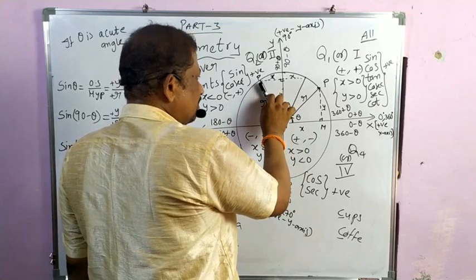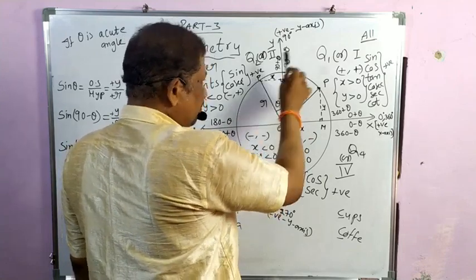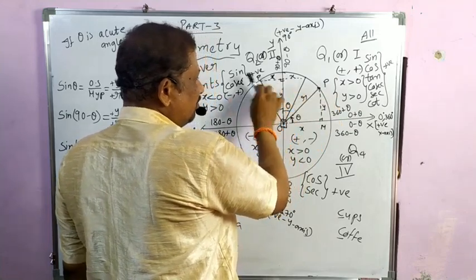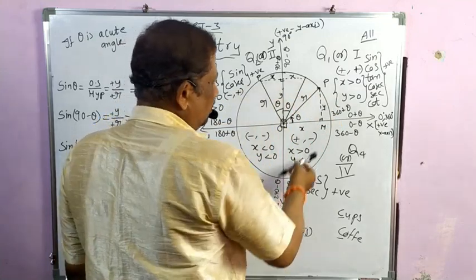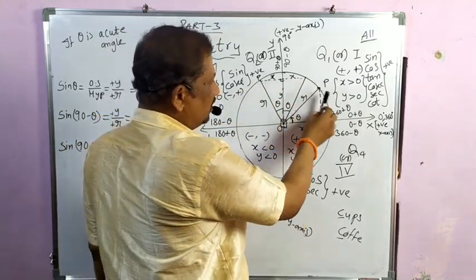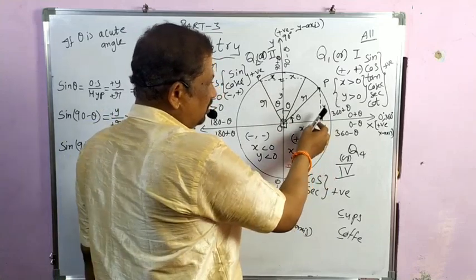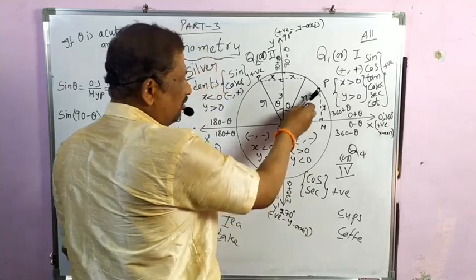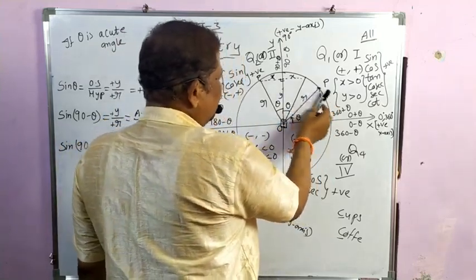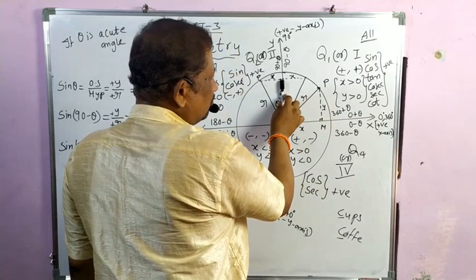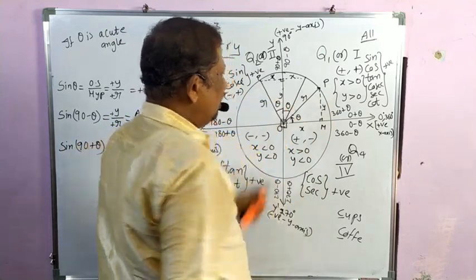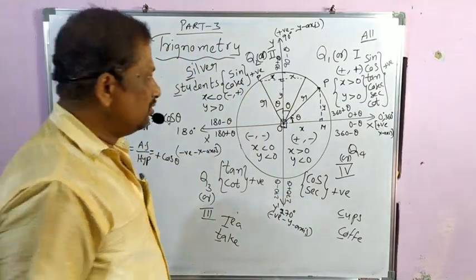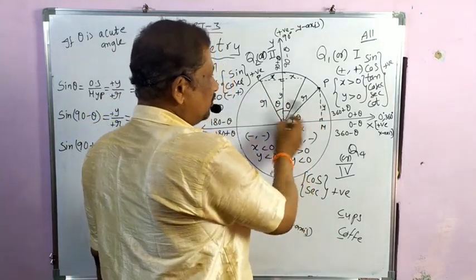Cosecant is the reciprocal of sine, so hypotenuse side by opposite side. This one becomes hypotenuse side by adjacent side, which is secant. The ratio changes. Is it clear?